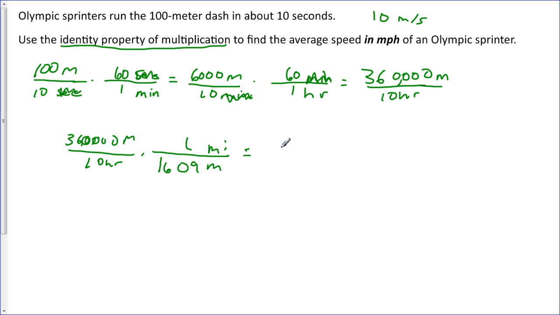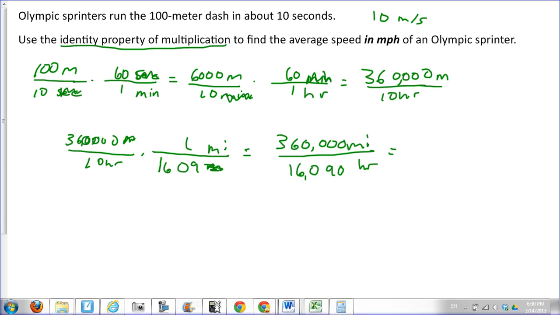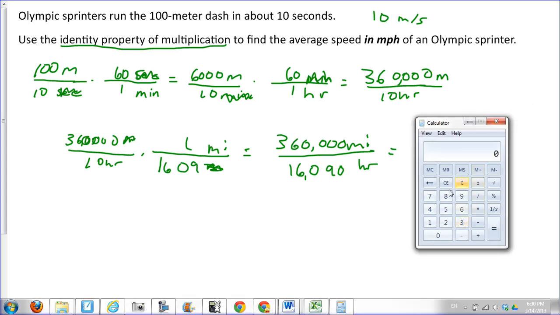And this gives us the meter units cancel out now. And so we've got 360,000 miles divided by 1,609. Oh, times 10, because I'm multiplying by 10, right? Hours. And now I'll do that division. 360,000.